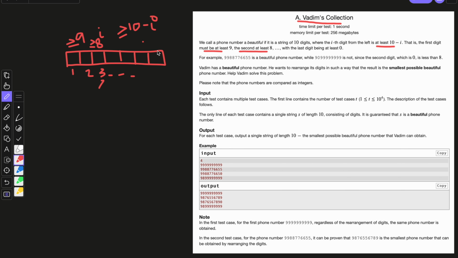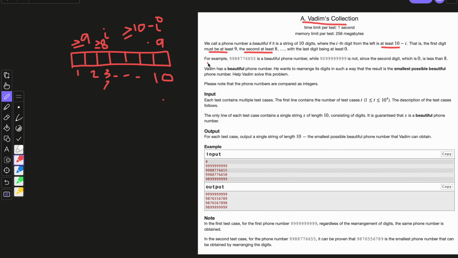At the 9th position it must be greater than or equal to 1, and at the 10th position the number should be greater than or equal to 0.